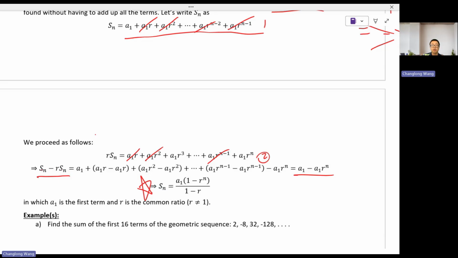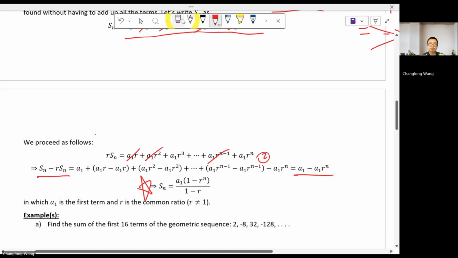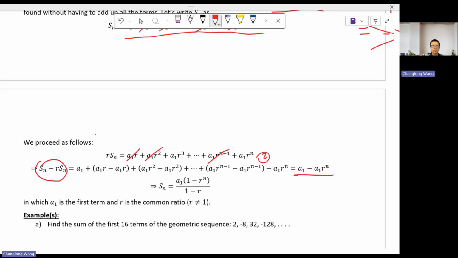So you get 1 minus R, right? I don't know if you see that. So maybe I'll just put in one more step, right? So you're factoring the S sub n, so you're gonna get S sub n, right? Factored out 1 minus R, right?